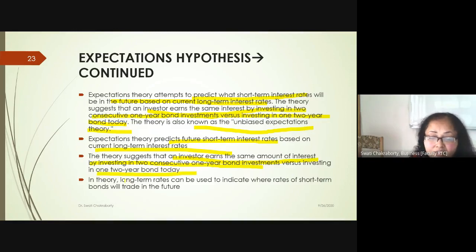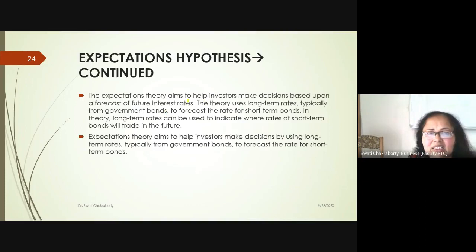So in theory, long-term interest rates can be used to indicate where rates of short-term bonds will trade in the future. Looking at the present long-term interest rates, it can predict what the short-term interest rates will be.